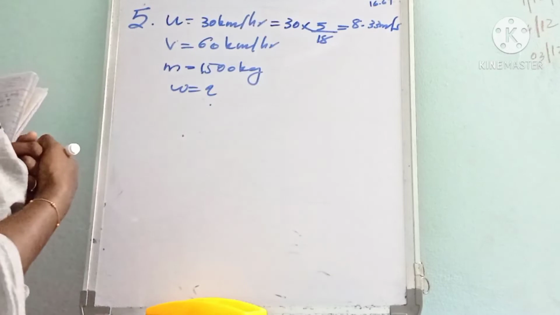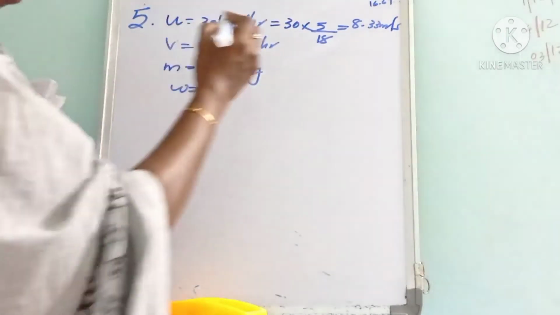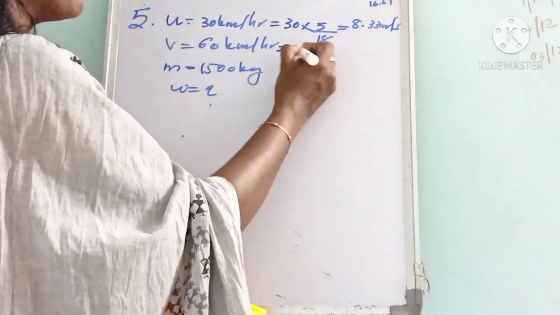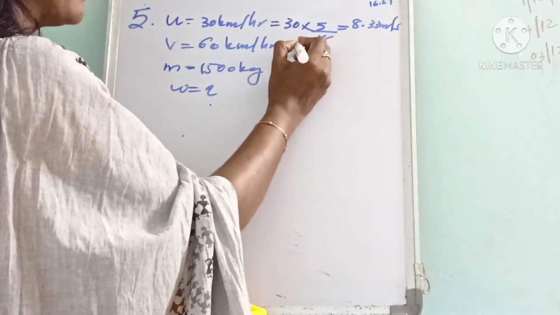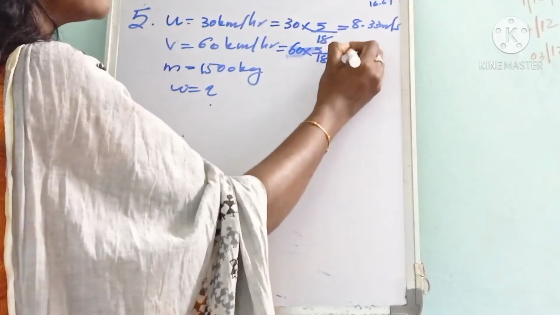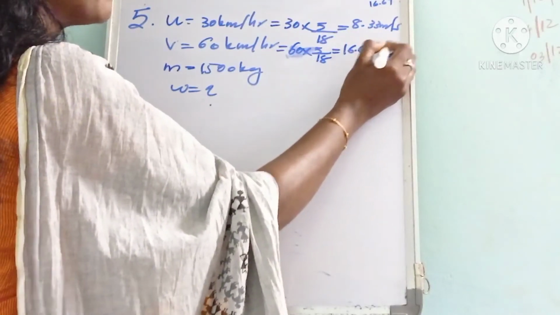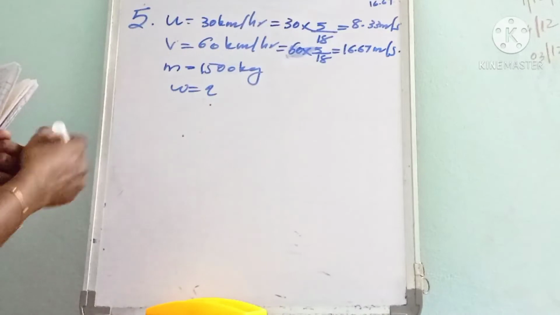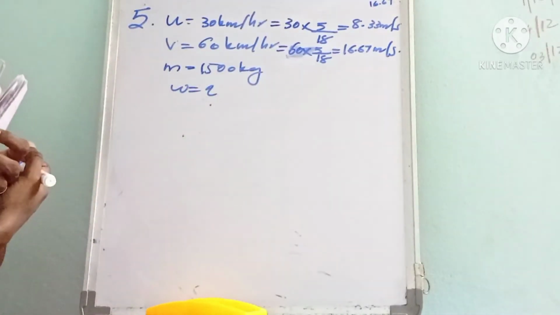Here also the final velocity is 60 km per hour. We have to convert it into meter per second by multiplying by 5 by 18. So 60 into 5 by 18, it will be 16.67 meter per second. Mass is given, you have to calculate work done.